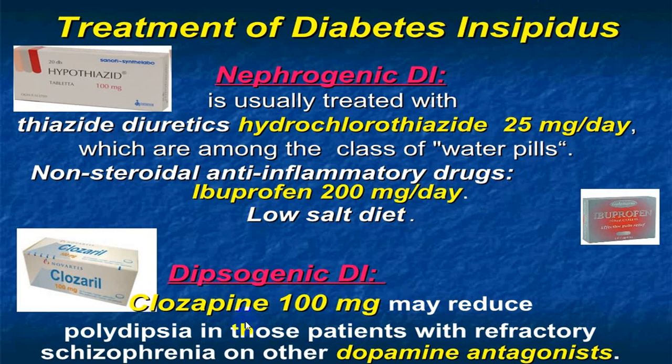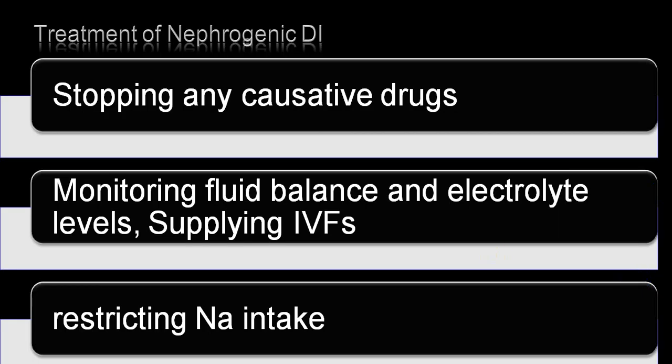While in a dipsogenic variety, clonazepam is utilized, usually in a form of 100 milligram per day, which may reduce polydipsia in a patient with refractory schizophrenia on other dopamine agonists. So this is one drug of choice in a person with dipsogenic variety. This is what we call the treatment in case of nephrogenic. We already discussed. Stop any causative drugs which are responsible for nephrogenic variety.